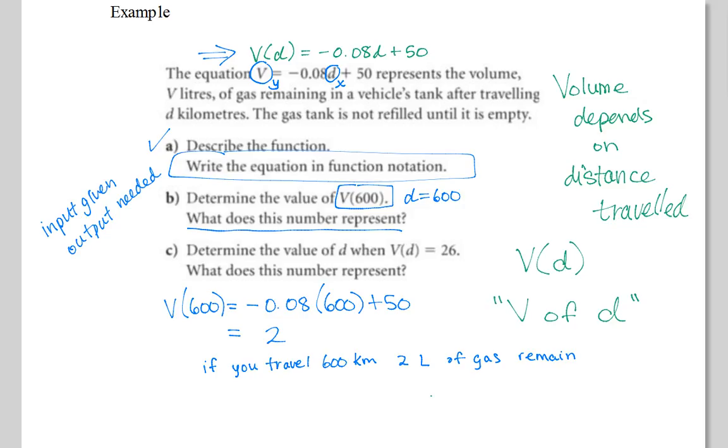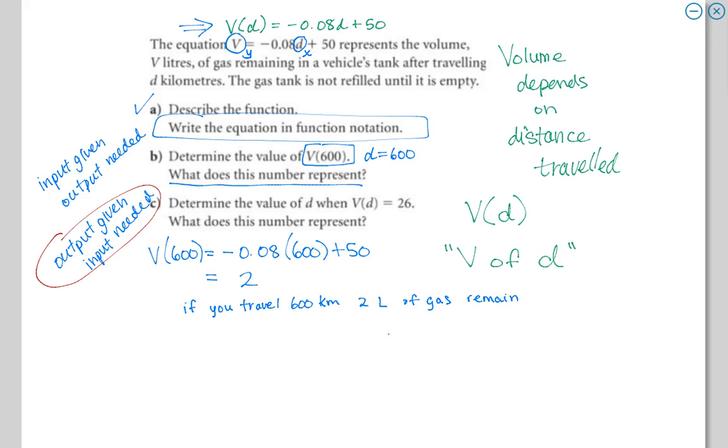Now that structure is going to flip for question C. The input is given, the output is needed, that's going to flip. So now the output is given and the input is needed. I'll do this one in red, part C. What did they tell us right here in this equation? Did they tell us that the distance is 26 or did they tell us that the volume is 26?